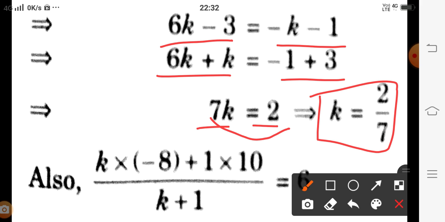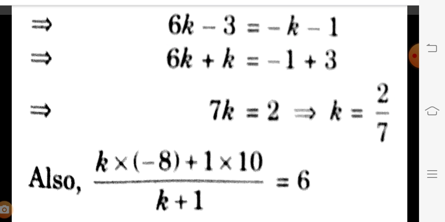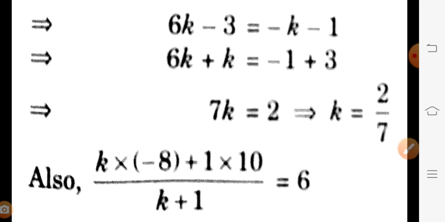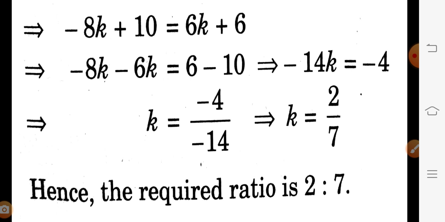Similarly, if you want to check whether you get the same answer, take the y coordinate and equate it. Let us solve this also. The y coordinate given to you is 6. On putting the values and cross multiplying, we get minus 8k plus 10 is equal to 6k plus 6.